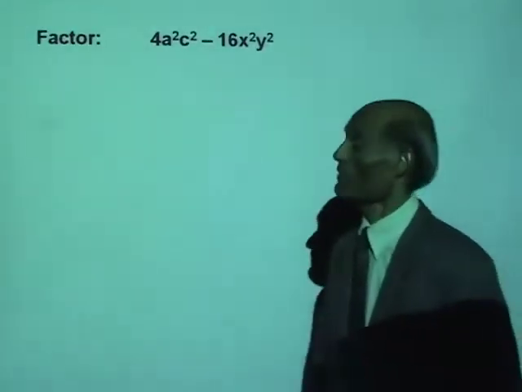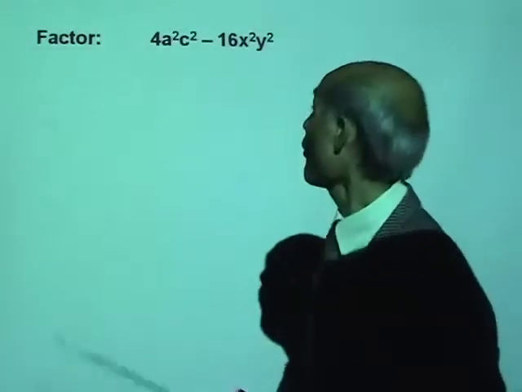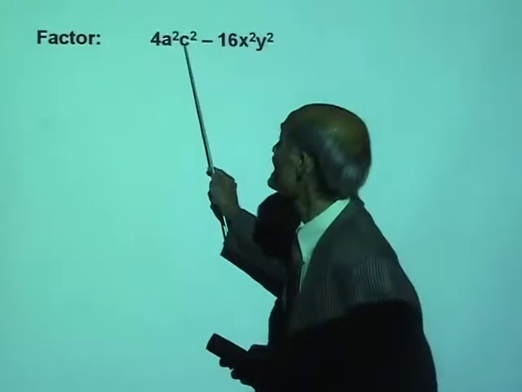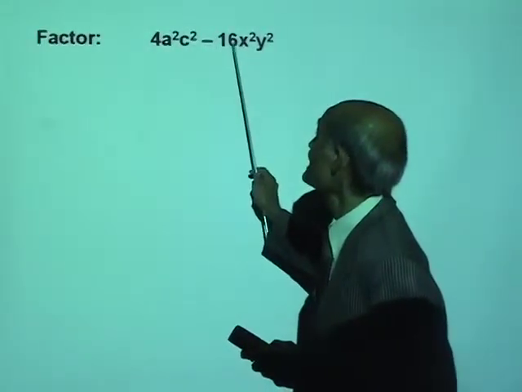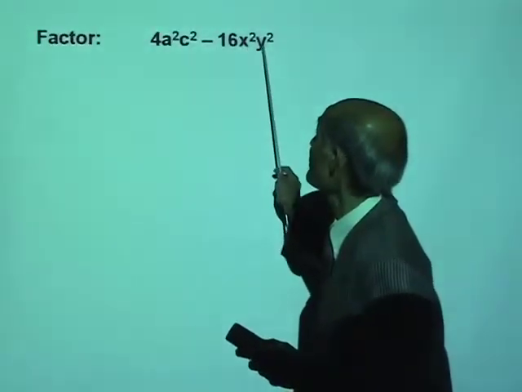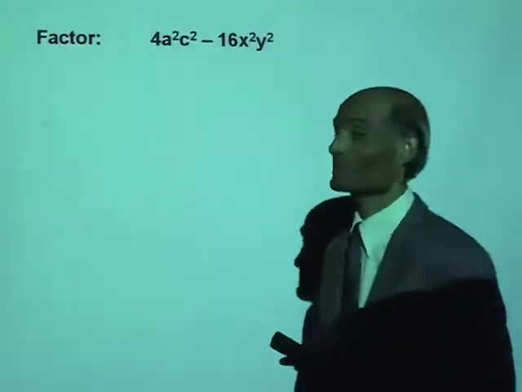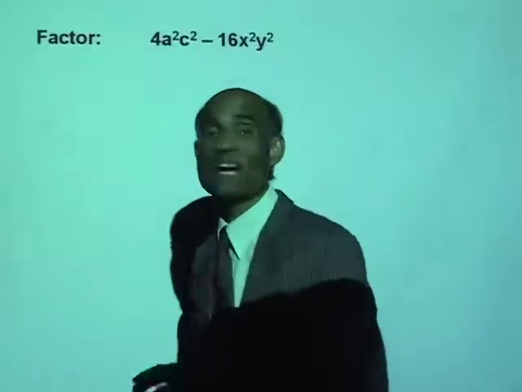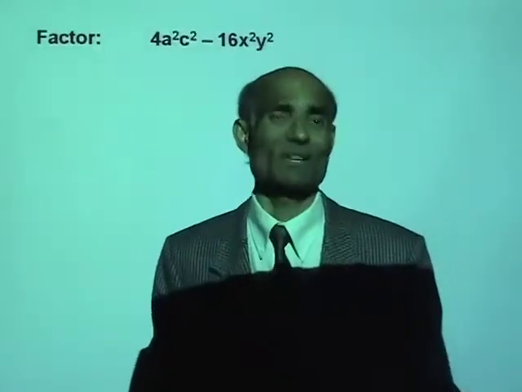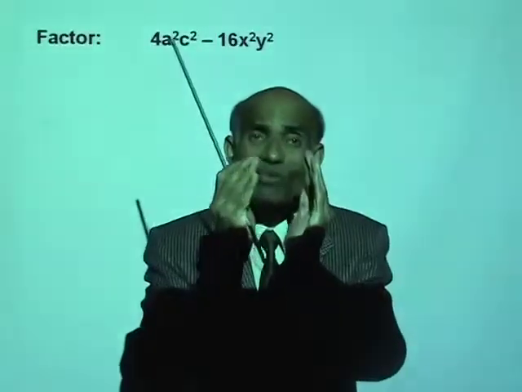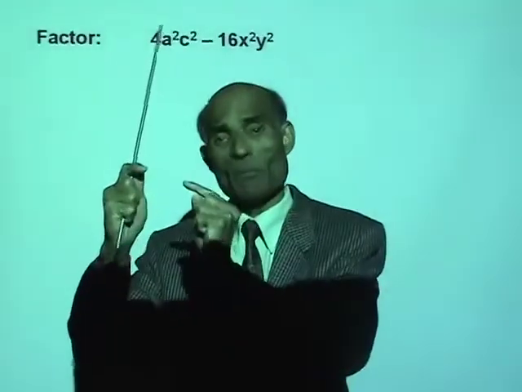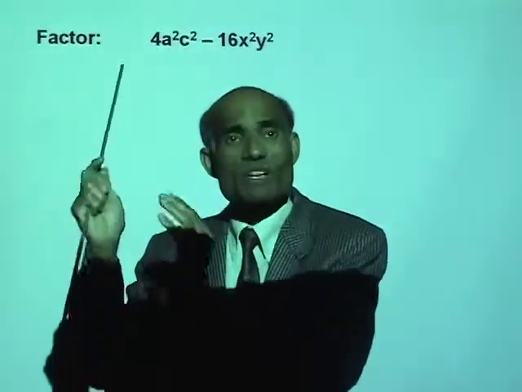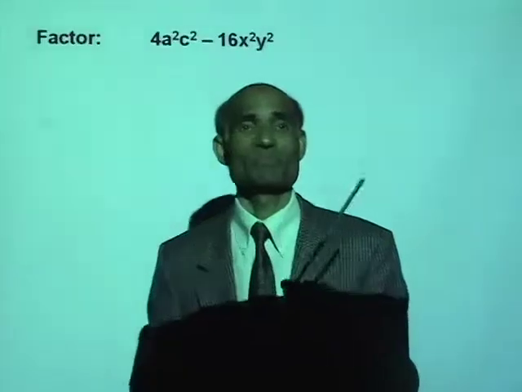Another one, factor 4a squared c squared minus 16x squared y squared. Can you write this as the difference of two squares? A quantity raised to the power of 2 minus another quantity raised to the power of 2.